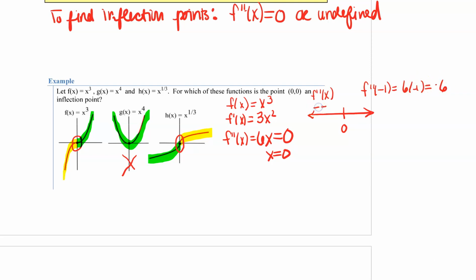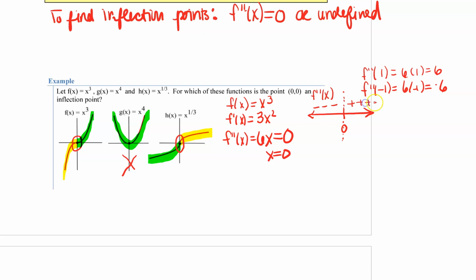And all I care about is that it was negative over here in this test area. So if I segregate out my areas from my inflection point, I can see it's negative over here. If I plug in f double prime of, say, +1, I would get 6 times 1, which is 6, which is a positive number.